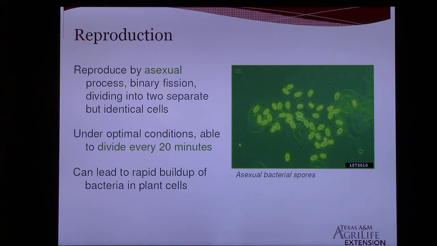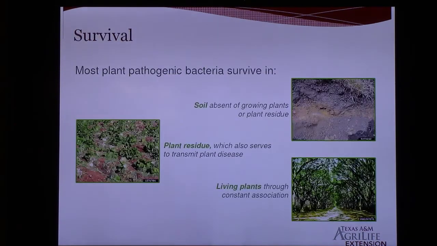And under ideal conditions, like I said, they can double their numbers every 20 minutes. So if you've got one bacterium, in 20 minutes you've got two, and in another 20 minutes you've got four. You can do the math, and over the course of a day, you could have millions of bacterial cells. Because they can reproduce so quickly, it leads to a very rapid buildup of bacteria in plant cells.